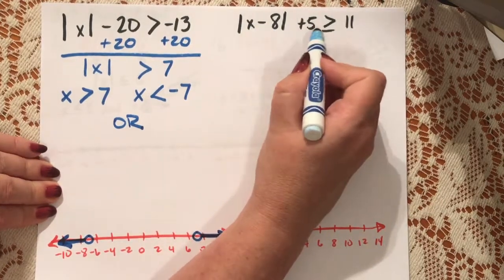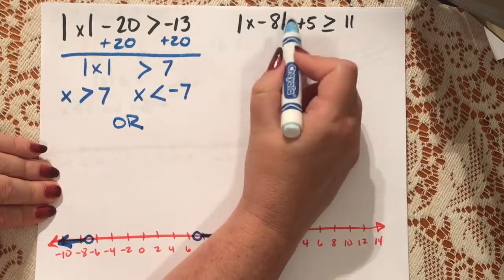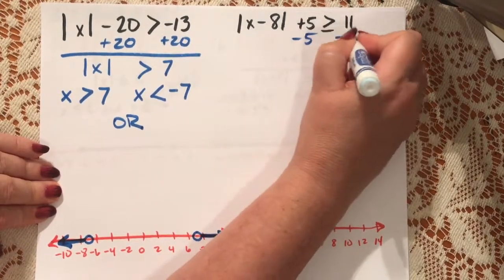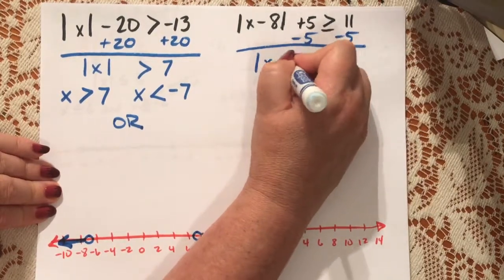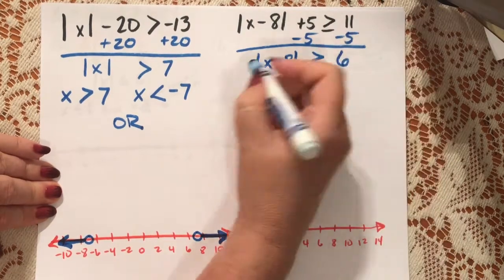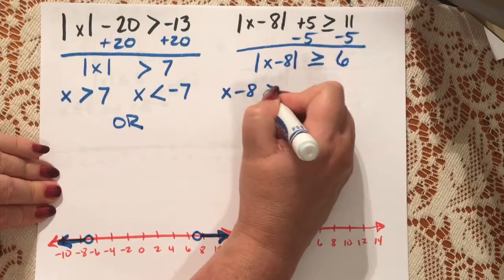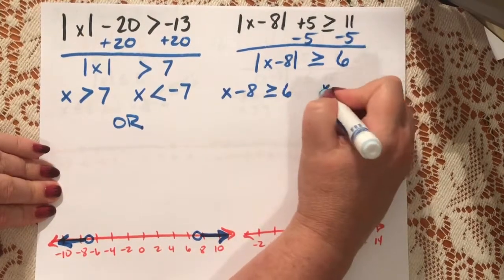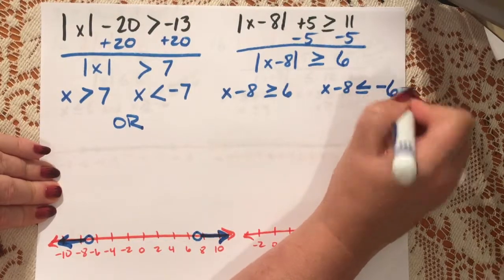The absolute value of x minus 8 plus 5 is greater than or equal to 11. I want to get this by itself, so I'm going to start by subtracting 5 from both sides. And the absolute value of x minus 8 is greater than or equal to 6. Now I can solve both of the problems. X minus 8 is greater than or equal to 6, and x minus 8 is less than or equal to negative 6.